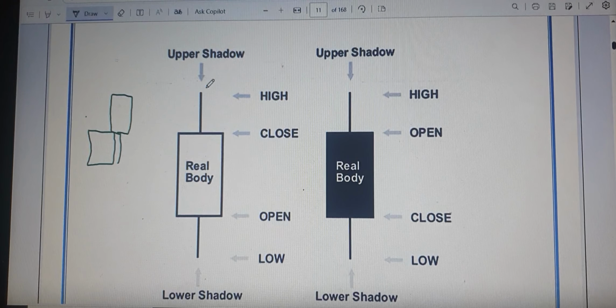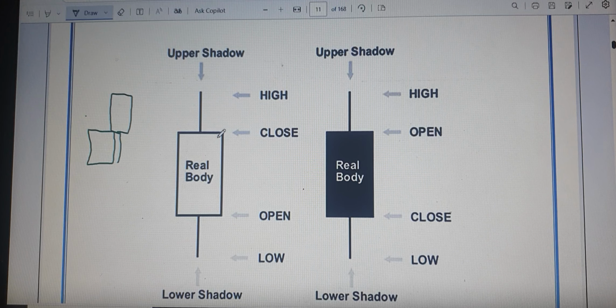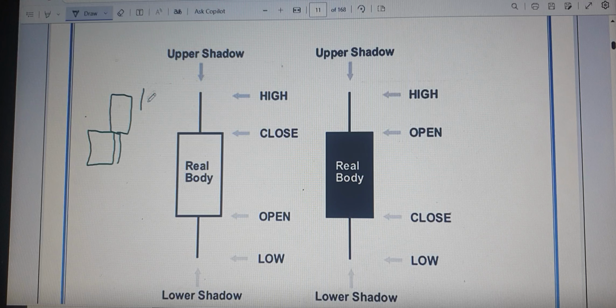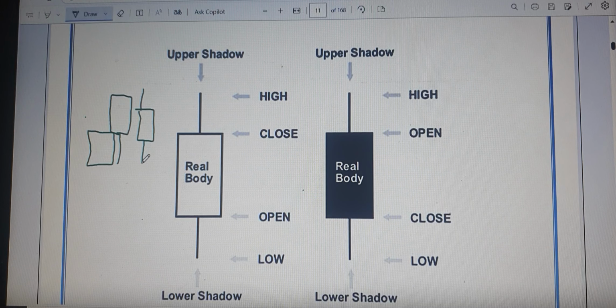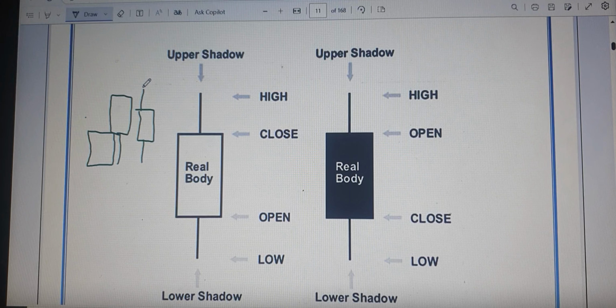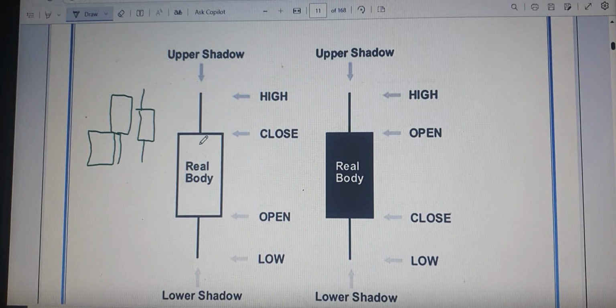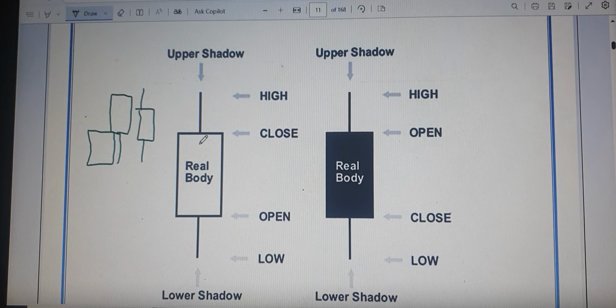When the 4-hour, 1-day or 1-hour time frame elapses, a new candlestick is formed. So I will have a wick here, meaning they pushed it back and closed from there, but it had opened at this point. This is the lowest point the candlestick has moved and this is the highest, but it closed from here and opened from here. Hope you understand that. That is for a bullish candlestick.